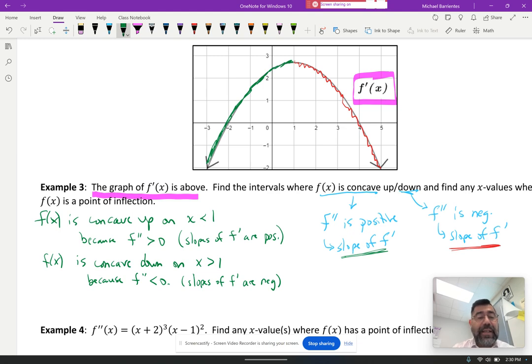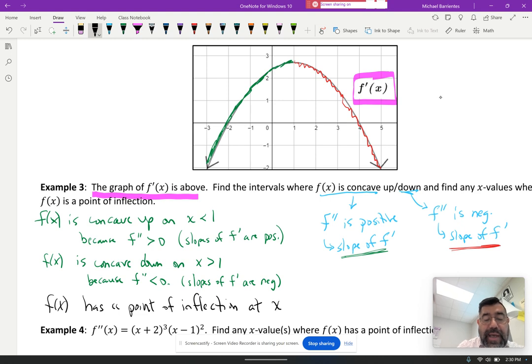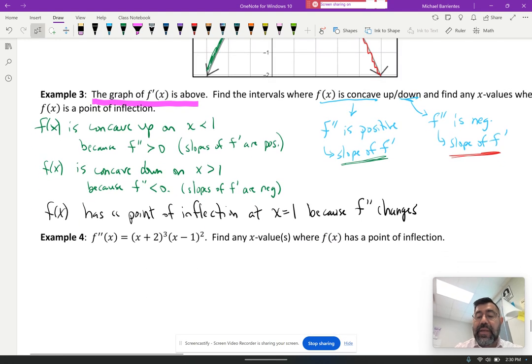And then finally, is there a point of inflection? f of x has a point of inflection. Where does it occur? At x equals 1, because the second derivative changes signs at that point.